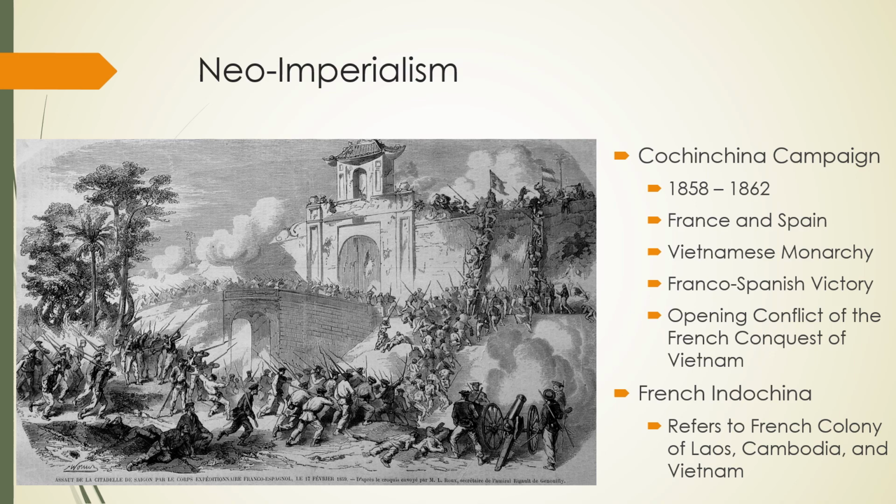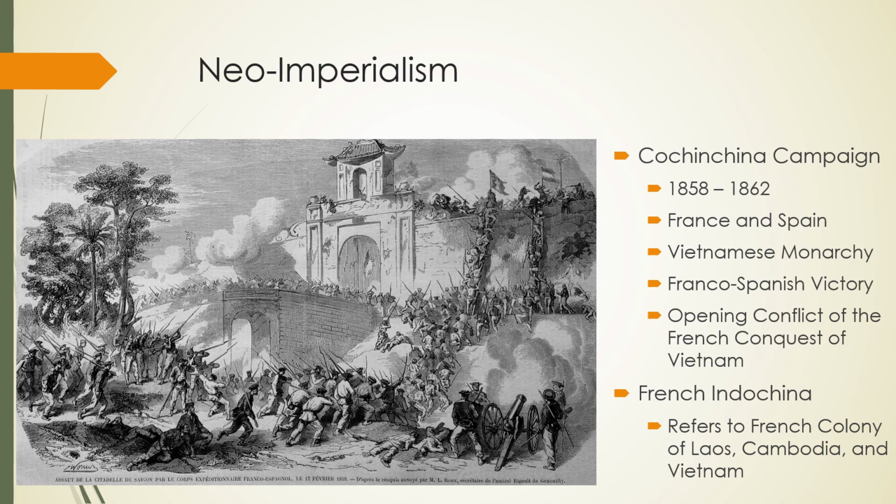All right, the Cochin China campaign, this is in Southeast Asia. This is the beginning of the French conquest of Southeast Asia. So now we're really getting into that tropical zone. You see here the years 1858, 1862. This is going to be an important topic in our class several videos from now, okay?